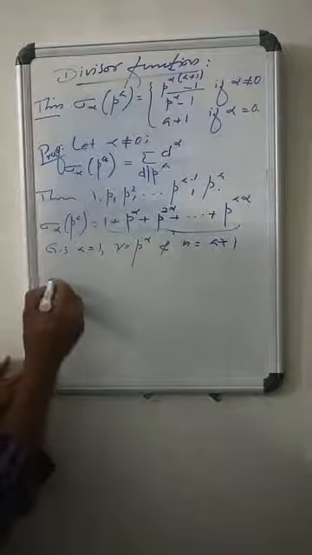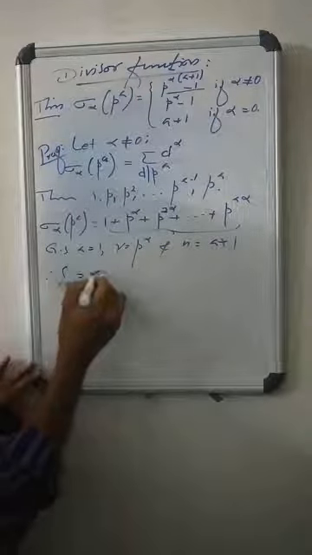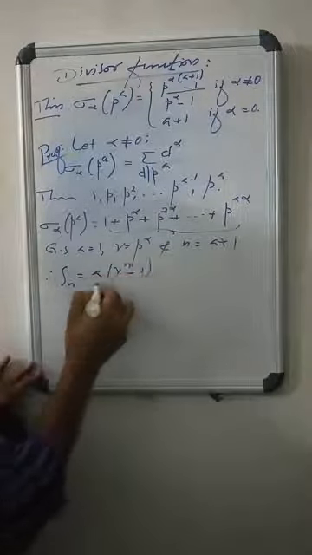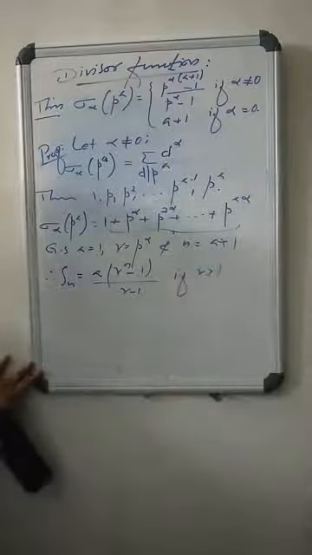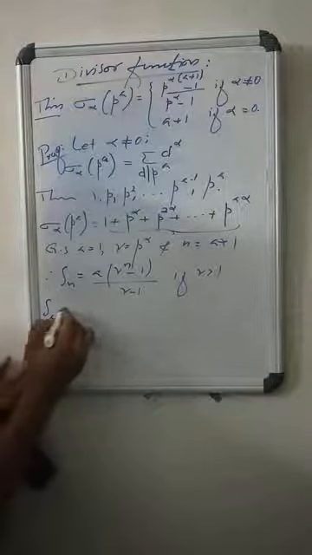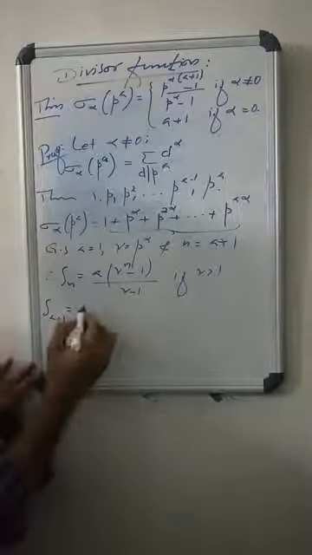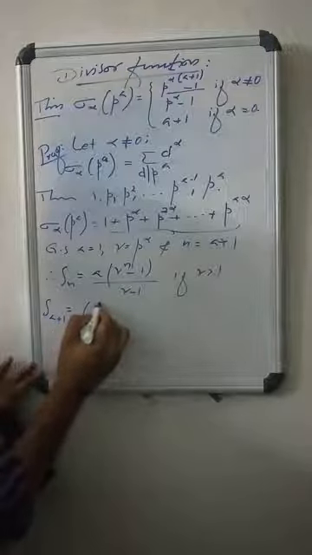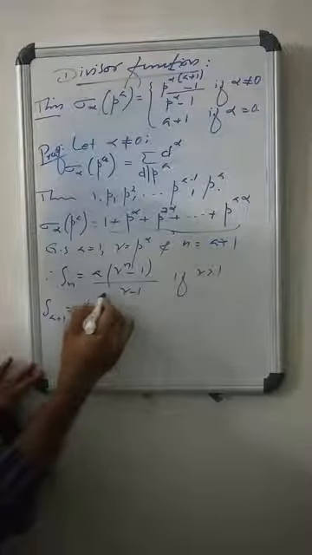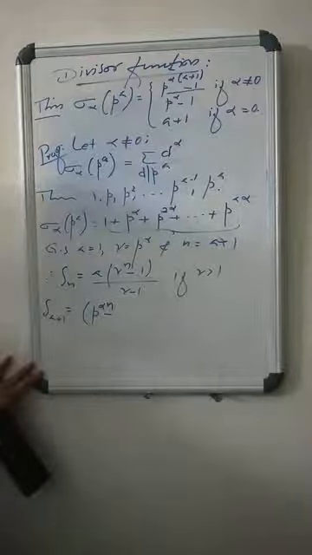So what about Sn? We have Sn equals a into r power n minus 1 divided by r minus 1, provided r is greater than 1. So here S a plus 1 equals, where n is a plus 1, a is 1, r is p power alpha, so r power n is p power alpha into n.